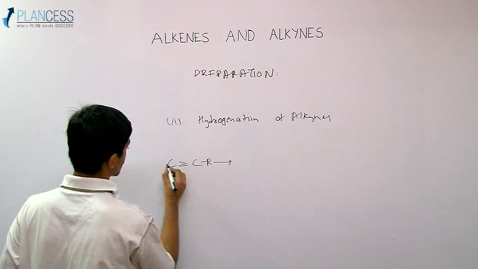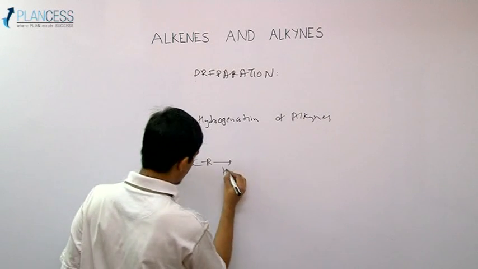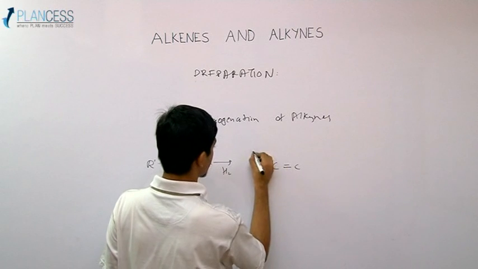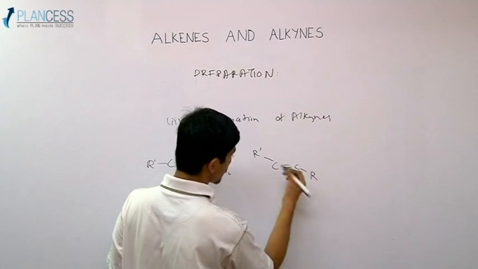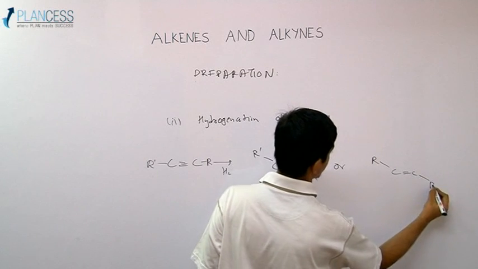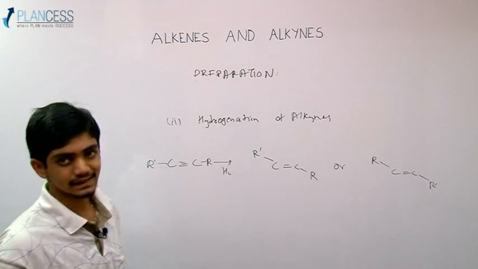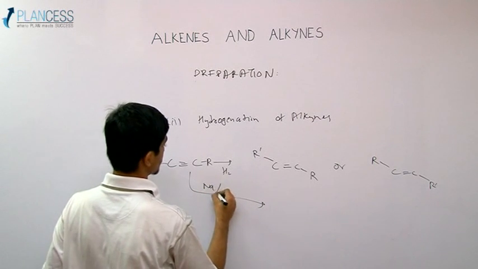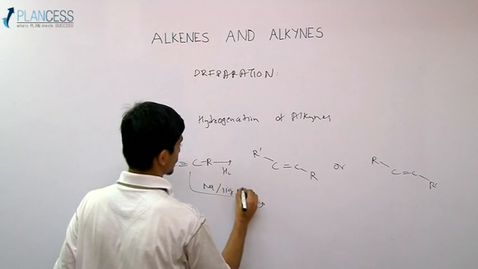Suppose this is one alkyne. From here, if you do some hydrogenation, how can you get particularly a trans alkene or a cis alkene? Now, this trans alkene can be obtained by reacting this with sodium in liquid ammonia.